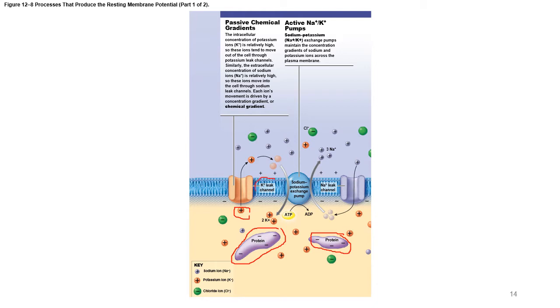This channel is specifically for potassium. So you have potassium leakage channels, and there's not many leaking out. And then you have the sodium leakage channels coming in, and there's not that many leaking in. What it's saying here is that the intracellular concentration of potassium is relatively high. In other words, potassium is of a higher concentration inside. More potassium here.